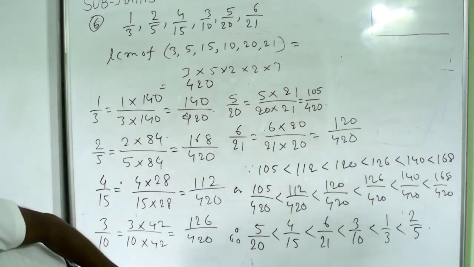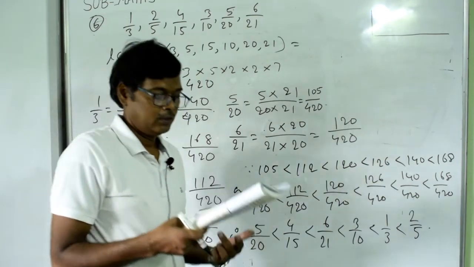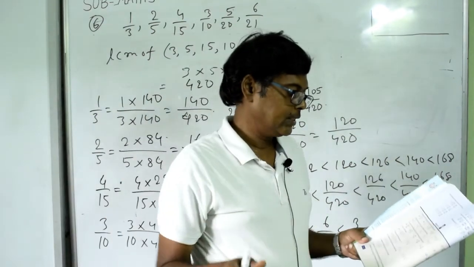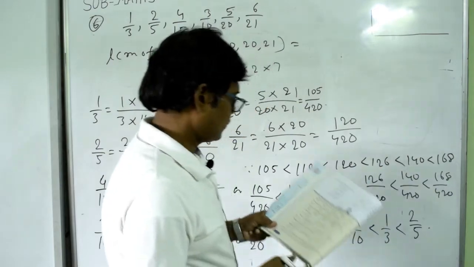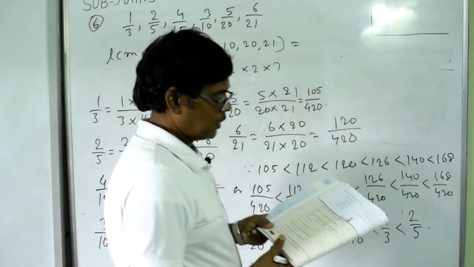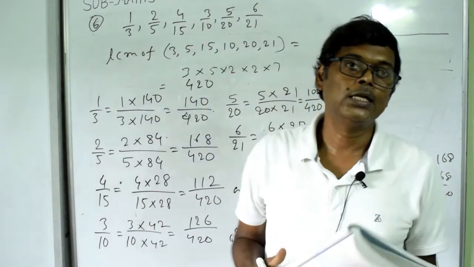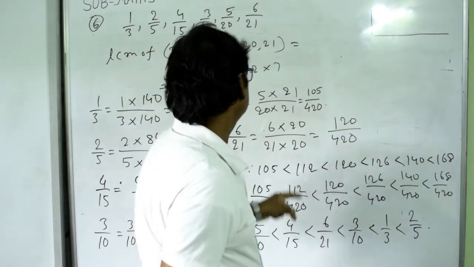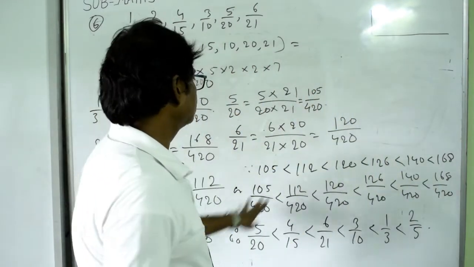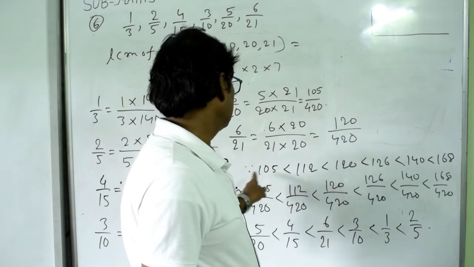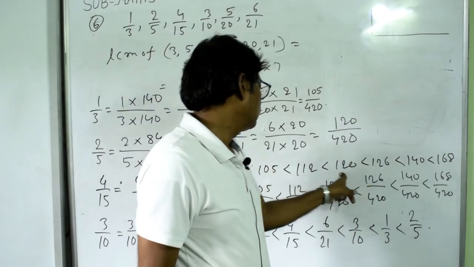The next question is a similar question, and the process is the same, you just have to reverse. In question number 7 you are asked to arrange them in descending order. Everything is the same up to this point, then you just reverse.